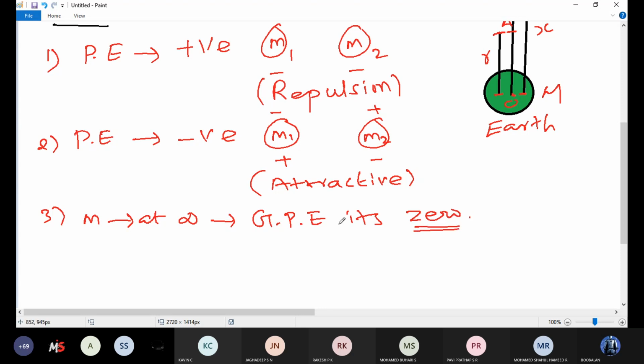So what is the value of gravitational potential energy at the point of infinity? It is 0. So it is called zero potential, otherwise the zero level of potential energy.